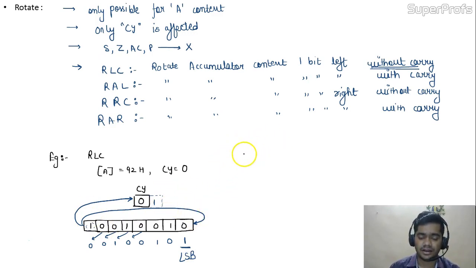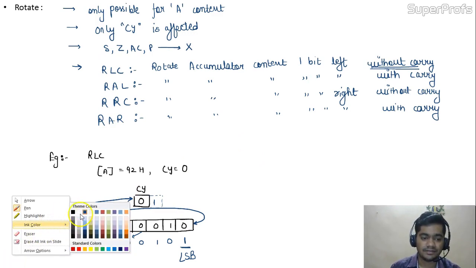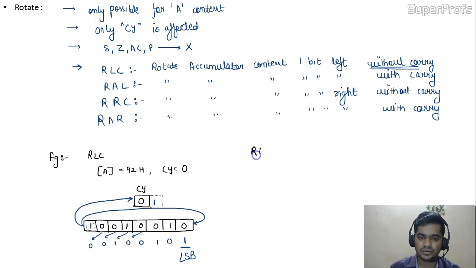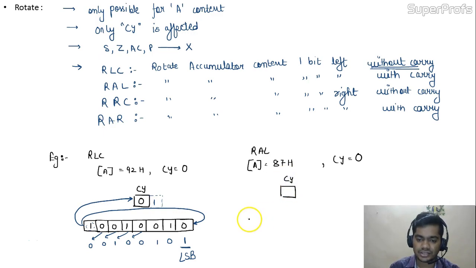Okay, and now let us take one example in which carry is involved. If it is RAL and we take the content of the accumulator as 87H and the carry flag initially is 0, then we take the carry in the rotation process like this.